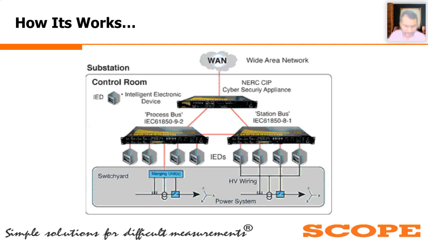You can see the CT PT inputs are coming to a merging unit, and then from the merging unit it goes to the network switch. And all the IEDs, in the sense of the different relays like your distance relay for line, your differential relay for transformer, your overcurrent earth fault relays.